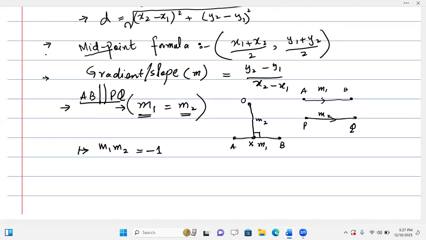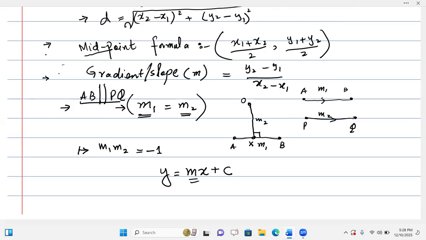After that, if their gradients are known and I say use this gradient to calculate the line equation, it will be taken as y is equal to mx plus c. What is m over here?